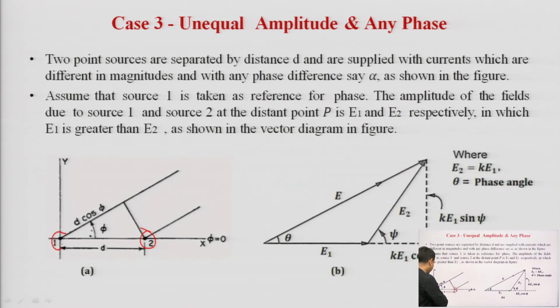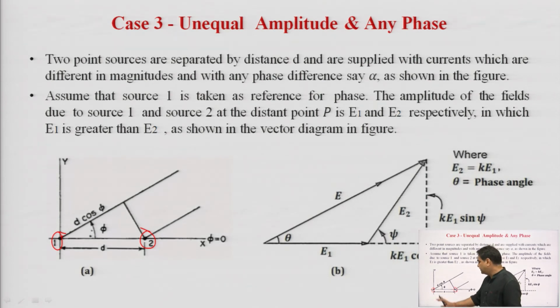These 2 point sources are kept in a coordinate system with the origin given here, and from the origin these 2 point sources are kept on one side only. And the distance between the point sources is equal to d.